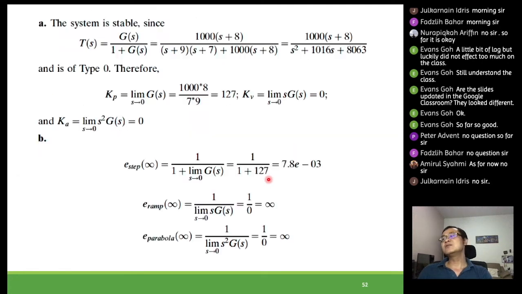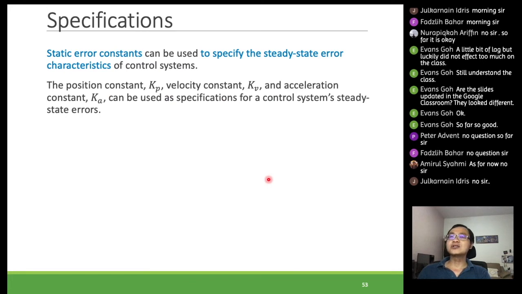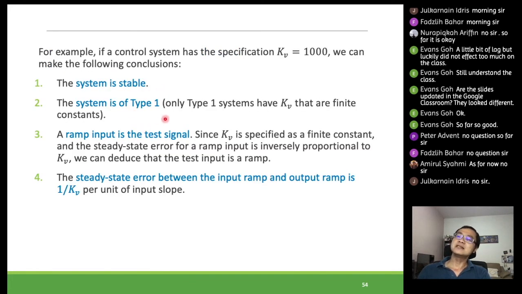So immediately we know that the control system itself is a type 1 system, even though the manufacturer may not give you the transfer function. When they give you a finite Kv, we know that is a type 1 system. If we give a ramp input, we get a finite constant error, but if we give a step input, we get zero steady state error.